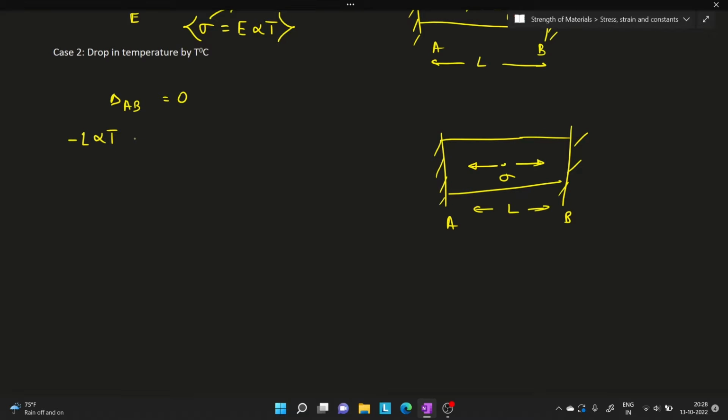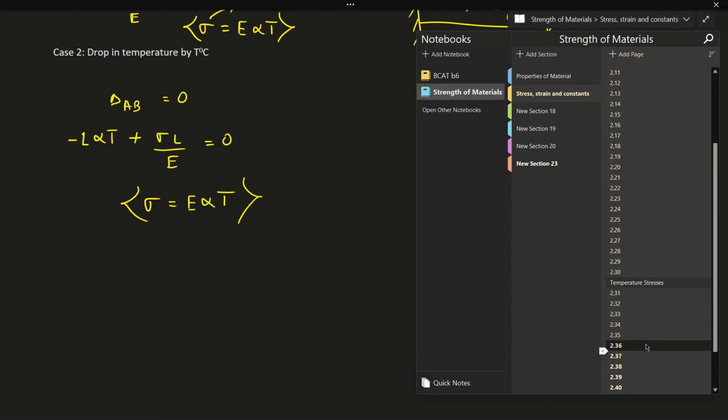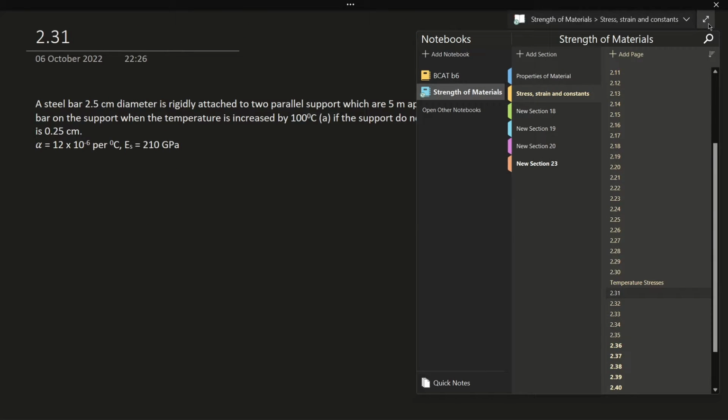Since the bar is fixed, the bar experiences a tension force, so we have plus sigma L by E, and the whole of that is equal to 0. Here sigma will again be equal to E alpha T. With this prior knowledge, let us move on to the problems on temperature stresses.